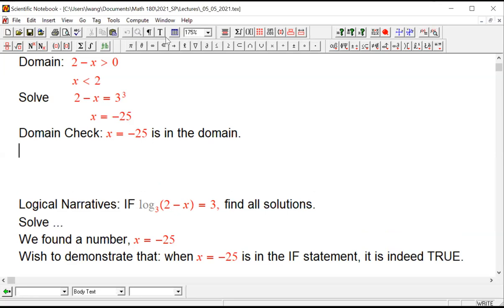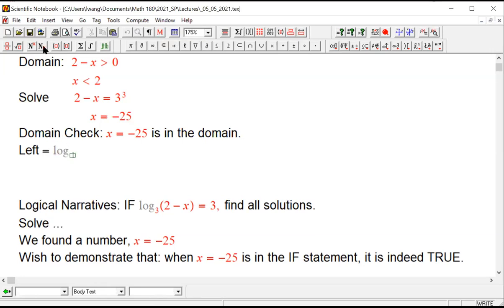And equation check. So the left-hand side equals log base 3 of 2 minus -25.